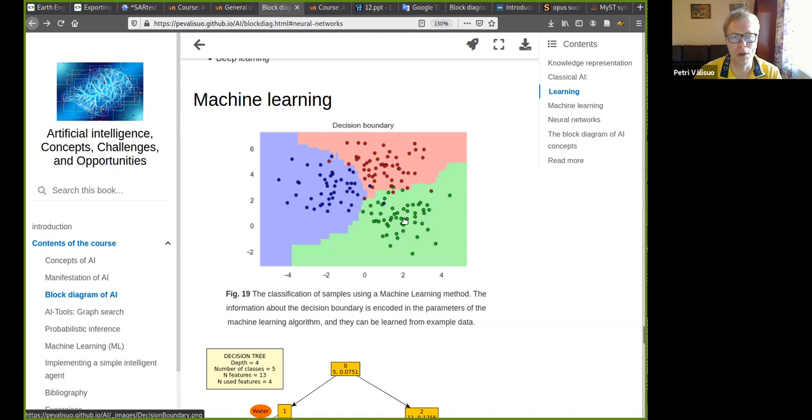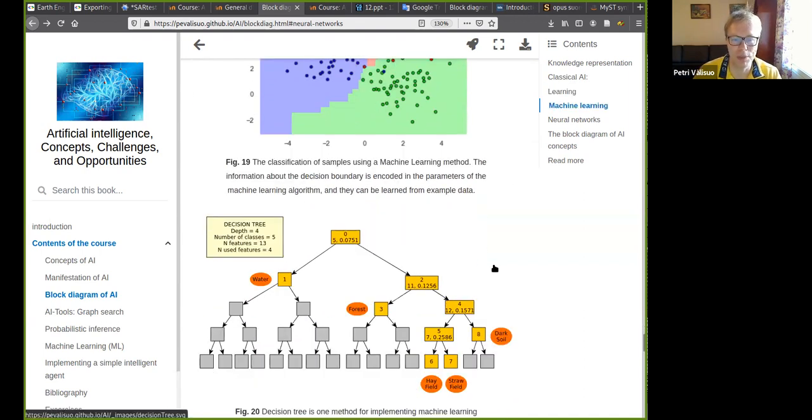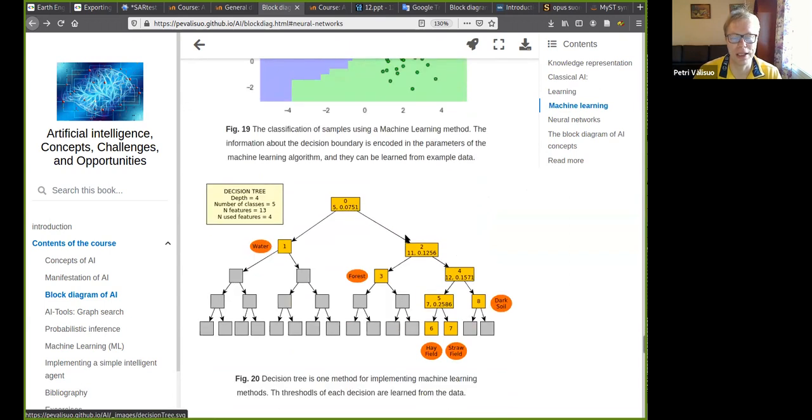So you can not only select the class, but you can also calculate the probability of how probable it is that this belongs to this class or this class or this class. And you can use the same mechanism for that. And this is just a simple example, only 2 dimensions here, only one tree, but there are much more sophisticated algorithms as well.